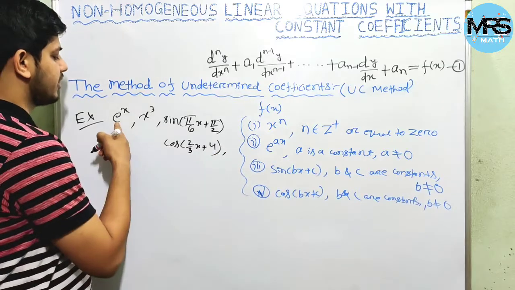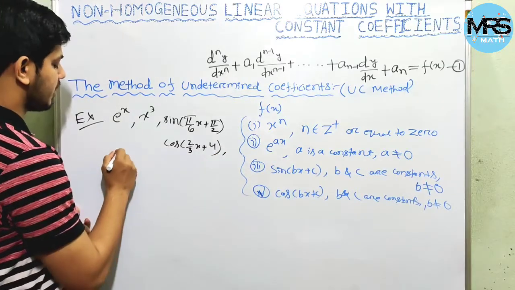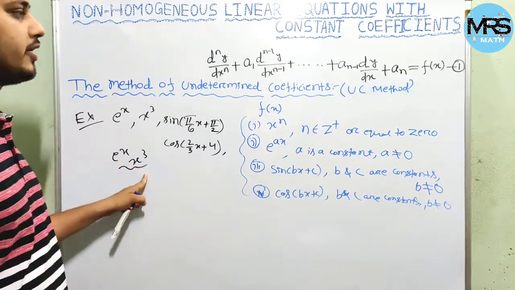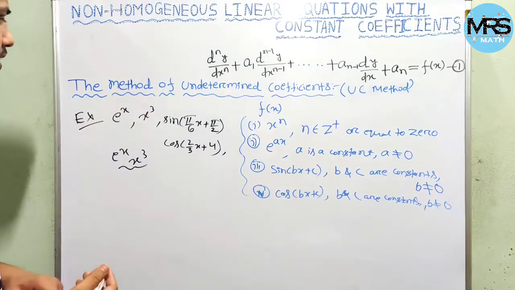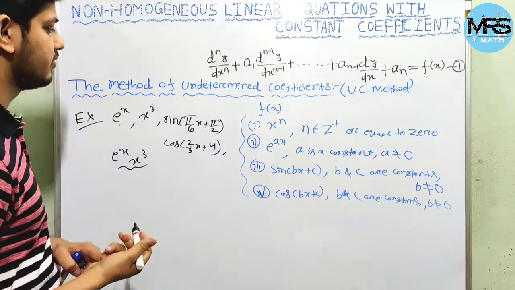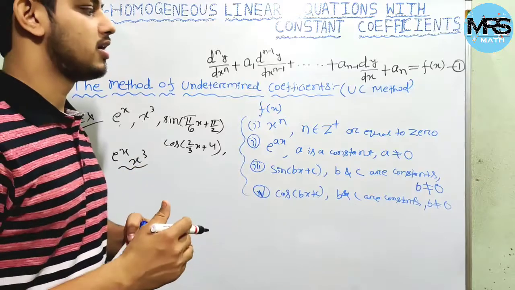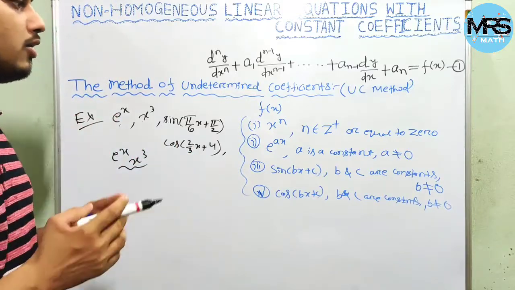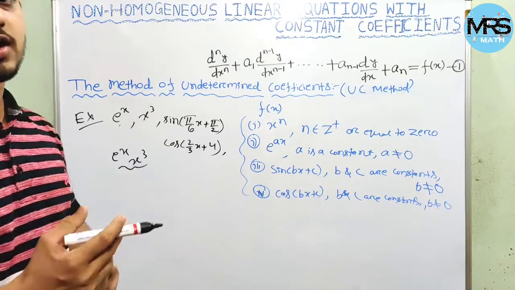For example, e to the power x into x cube is also an undetermined coefficient function, or a product of 3 of these. Hope this is clear now.